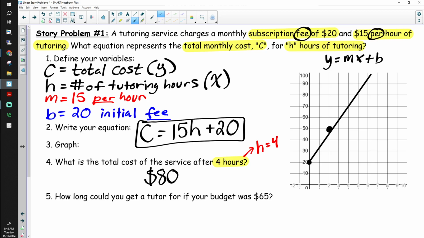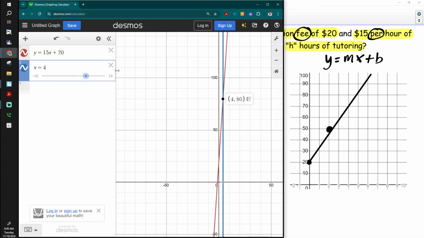Okay, 5 is how long could you get a tutor for if your budget was $65? Your budget. So this is an H. What represents our total? This is how much money we have total. So what variable is this? Is it our H or our C? This is C equals 65. In order for it to work in Desmos, we can't type in C. We have to use the variable, not X, but Y. Let's say my total amount I have is 65.